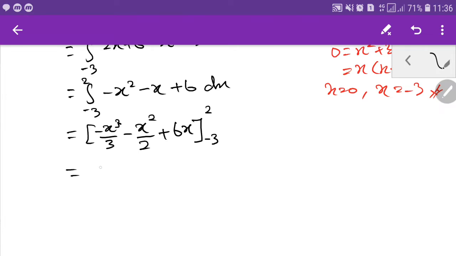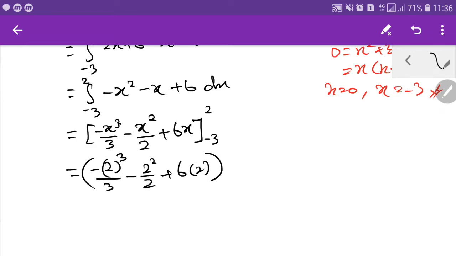Now we can just substitute. First the upper limit: minus 2 cubed over 3 minus 2 squared over 2 plus 6 times 2. Then the lower limit: minus minus 3 cubed over 3. You have to be careful with the brackets and the negatives with the powers. Substitute it correctly, unless the number is positive, then it should be fine.